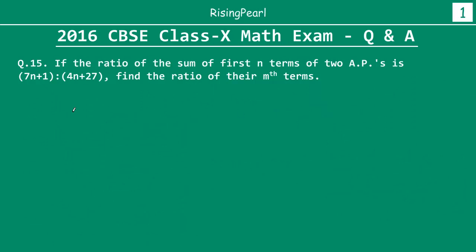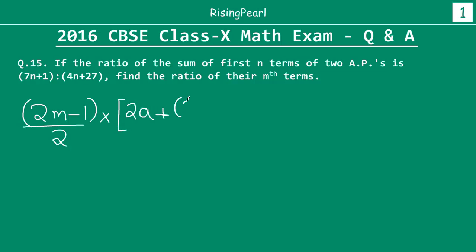What we have is, the number that we actually multiplied the numerator and denominator by, 2m minus 1 by 2, times 2a plus 2m minus 1 minus 1 times d.